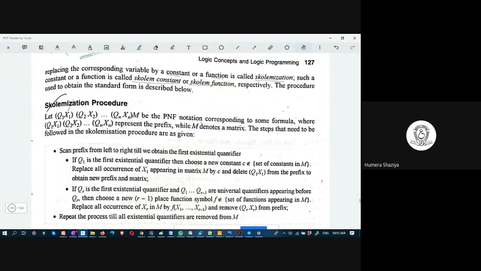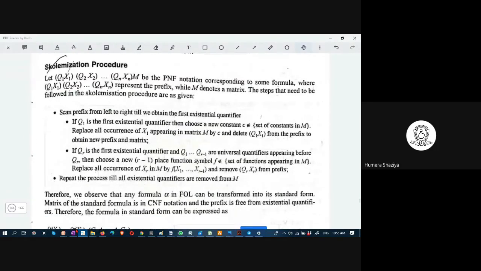And what is the procedure? Well, the procedure is described as shown. Let Q1 x1, Q2 x2, and so on up to Qn xn, followed by M, be the PNF notation corresponding to some formula, where Q1 x1, Q2 x2, and Qn xn represent the prefix and M is the matrix.